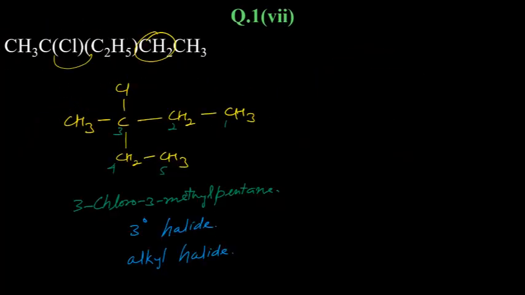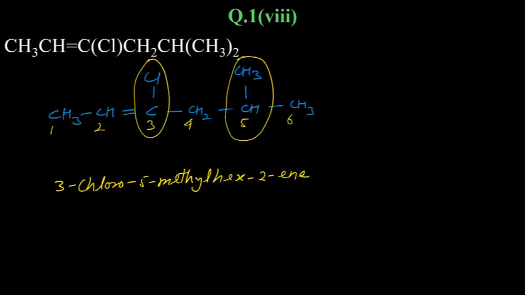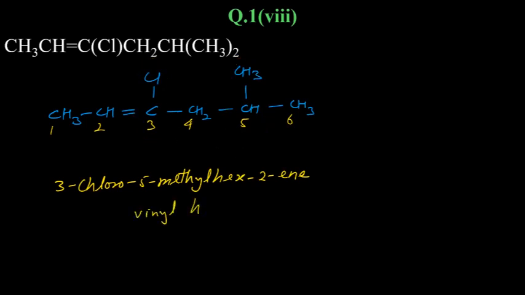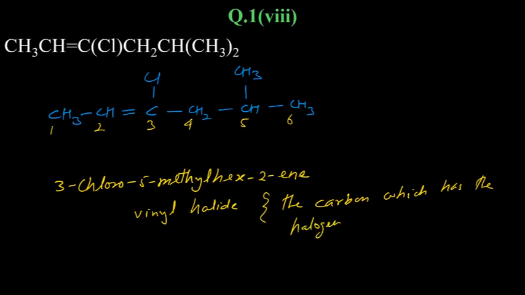So this one, in this case, is a vinyl halide. Why? Because the carbon which has the halogen is connected to the double bond.